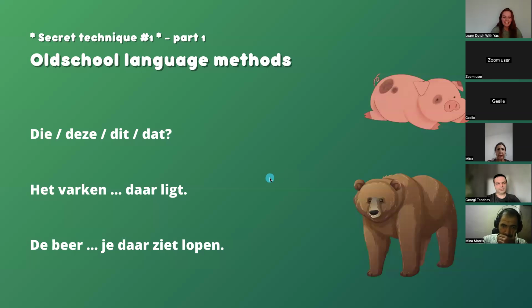I'm not getting any reactions, so I think it might be a bit too difficult. Dat en die. Okay. Some of you are responding correctly, probably because you learned those rules already a while ago. Die daar ziet lopen.